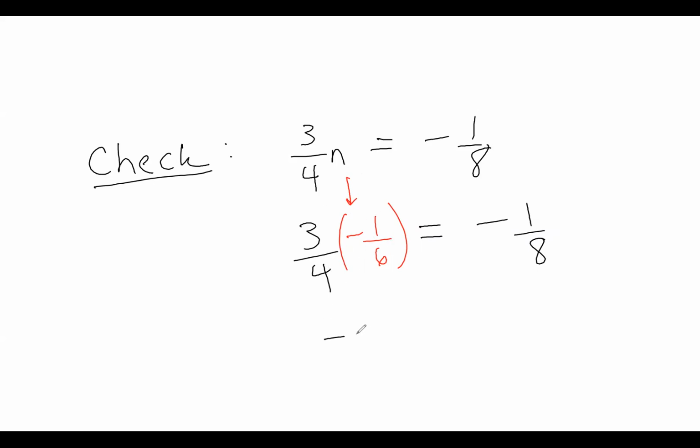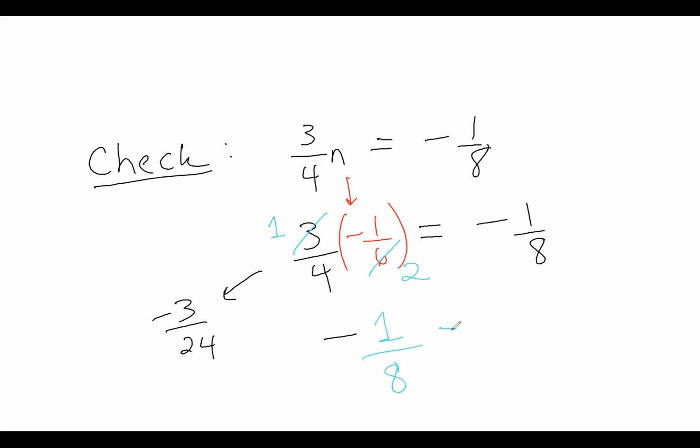It's definitely going to be negative. If I multiply straight across, I would get -3/24, but then I would need to reduce it. So I'd rather just reduce first. The 3 and the 6 can cancel out by dividing by 3 in the numerator and denominator. So 3 divided by 3 is 1, 6 divided by 3 is 2. When we multiply straight across, 1 times -1 is -1. 4 times 2 is 8.